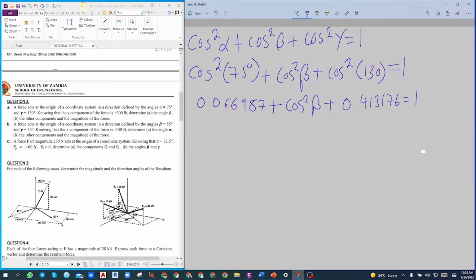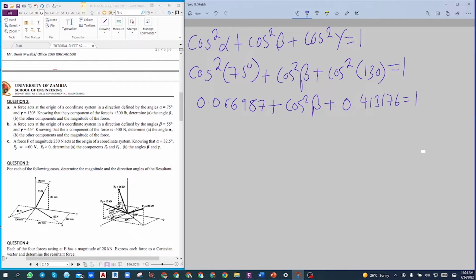So I have to take these numbers, 0.066 and 0.41, to the right side, then subtract from 1, and then I'll be able to get the square root of that.